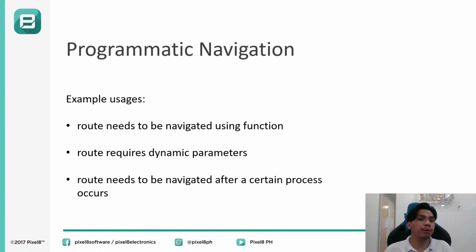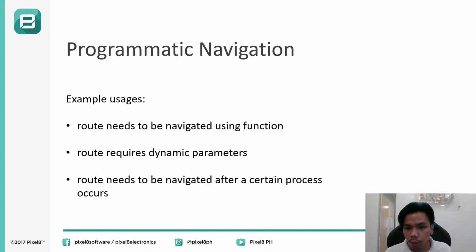Next, we have programmatic navigation. Programmatic navigation is a way to navigate specific routes using code itself. One example usage of this is when the route needs to be navigated using a function. For example, take checkout in a typical e-commerce website.